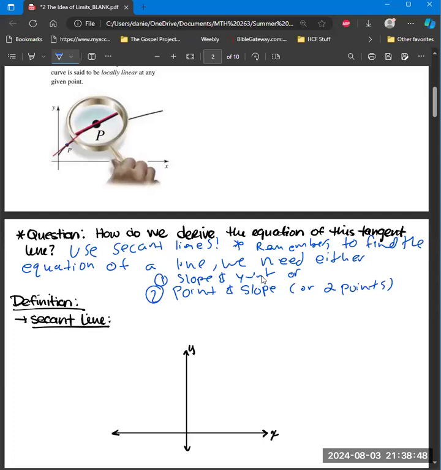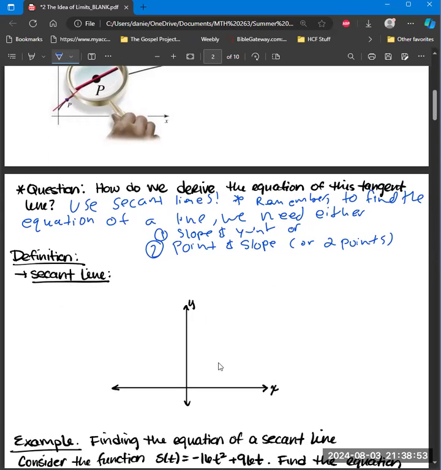So let's go ahead and look at what a secant line is. It's any line that passes through exactly 2 points on a function. And we're talking about locally.